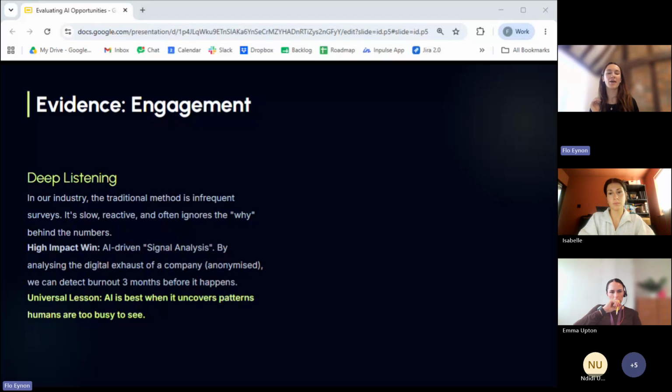So with AI, it could summarize, say if you have a question asking, what do you like about working here? AI can summarize the themes that people are talking about. It can look at, okay, females in London in the sales team speak a lot about pay, whereas in America they speak about workload.